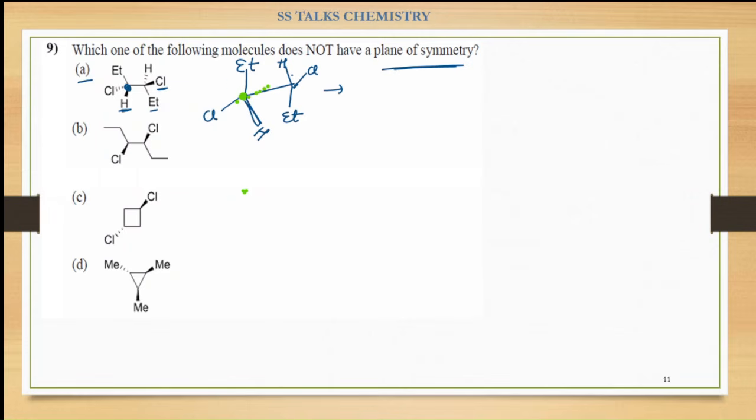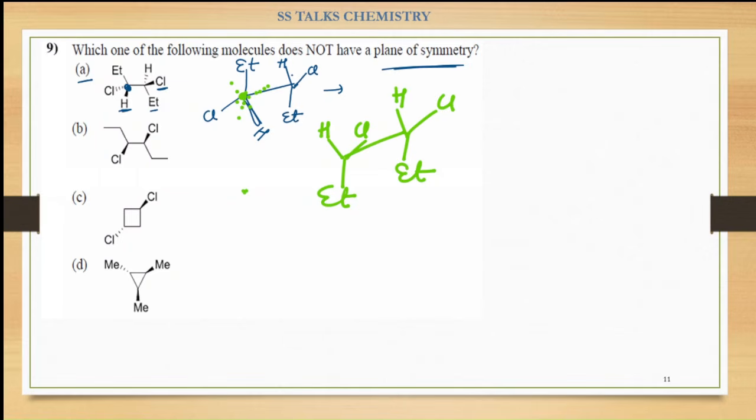For that, we just interchange these positions. So you will get this particular molecule. The ethyl group will come over here, and this H and this Cl will interchange their positions. Around this carbon center, no change has been done. So this is the eclipsed conformation we have drawn.